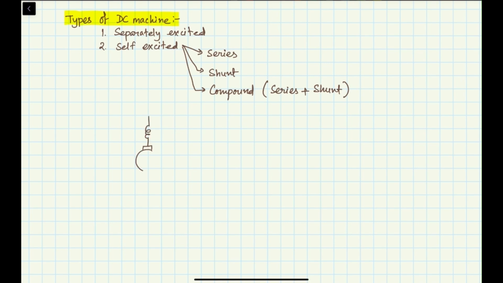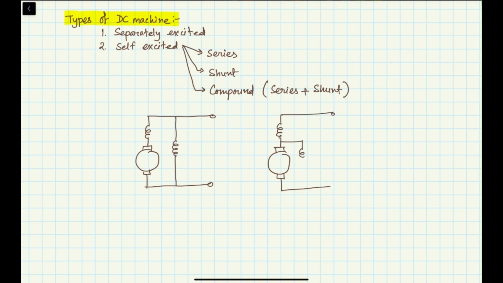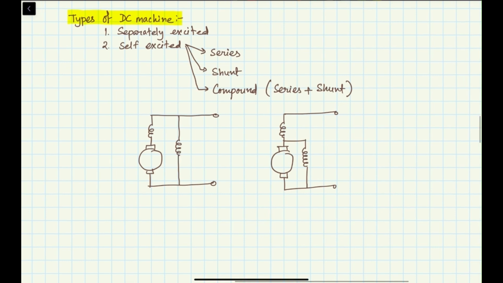There will be both series and shunt, right? So here we have the series winding and we can connect the shunt winding here. Now you see, we can connect the shunt winding in a different position, like here also. This is also acting as a shunt. So these are two different types of connection.